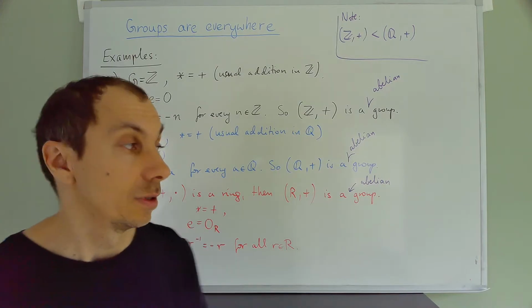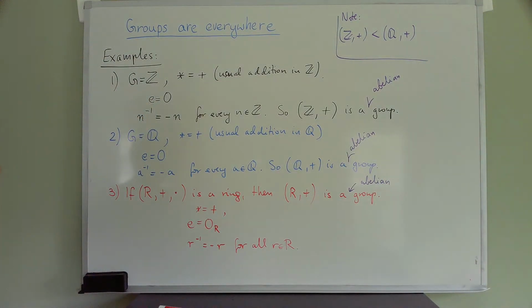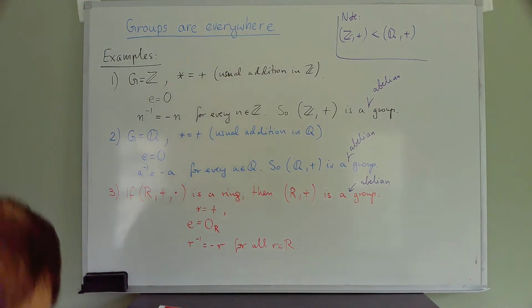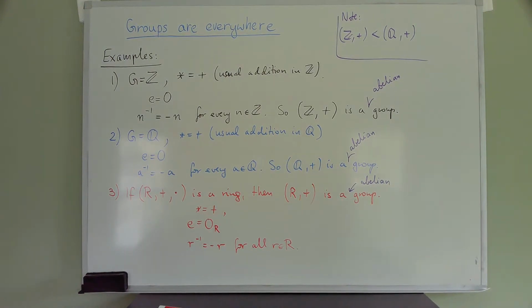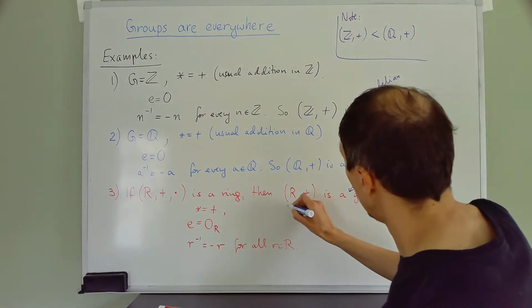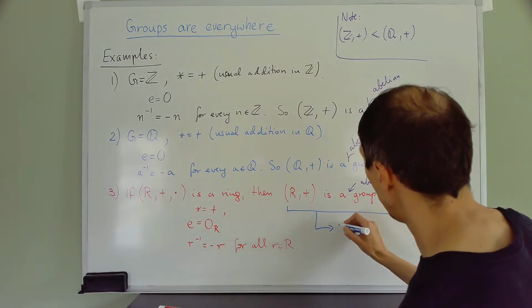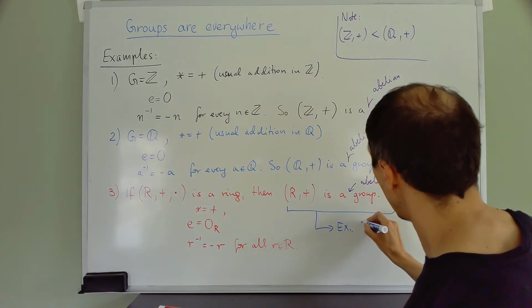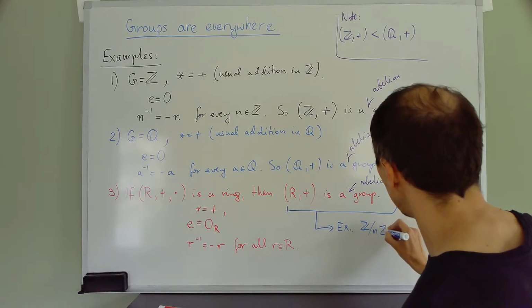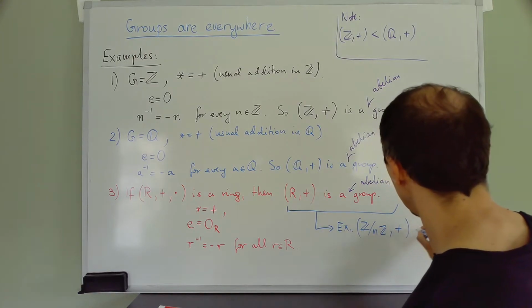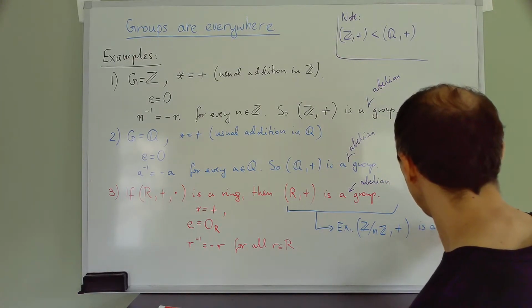So it's a subgroup. So because of 3, you have many examples of groups now. So from this, we get many examples. For example, Z mod nZ with addition is a group. In fact, an abelian group.